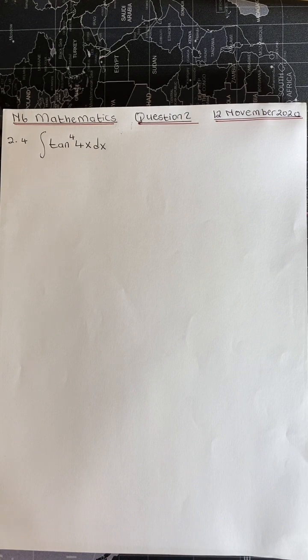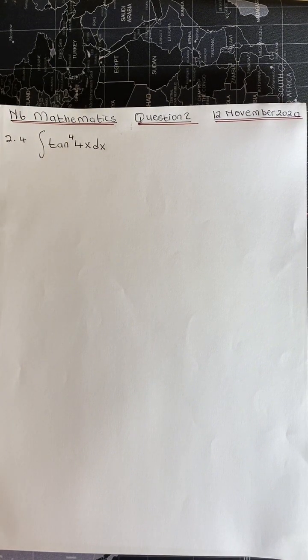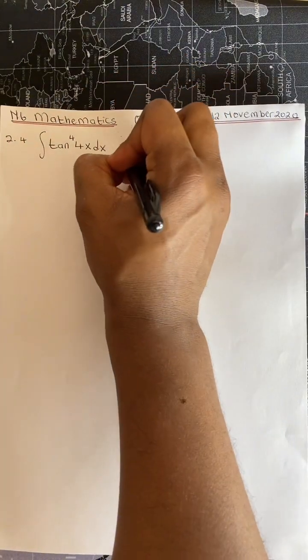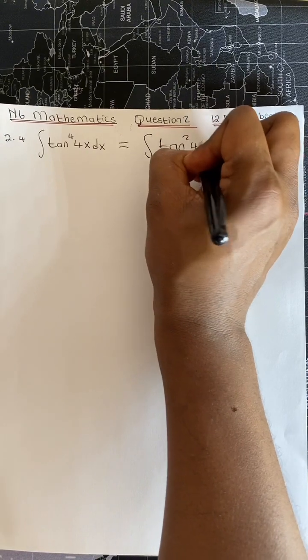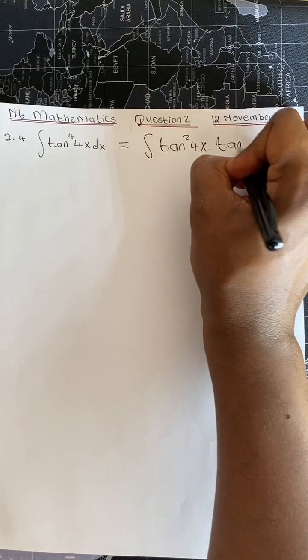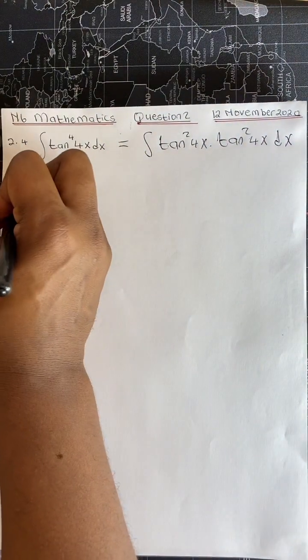Question 2.4, we have to evaluate the integral of tan to the power 4 of 4x dx. We can break this and write it as tan squared 4x multiplied by tan squared 4x dx.